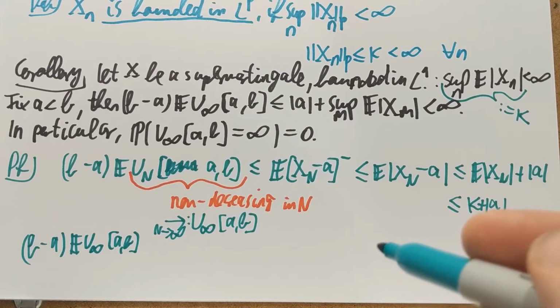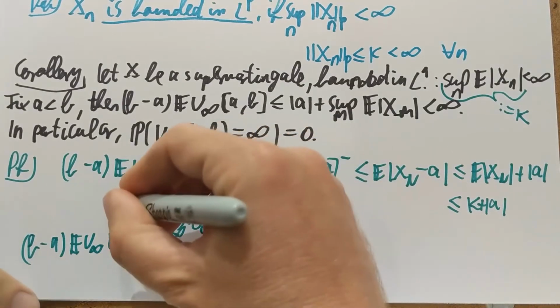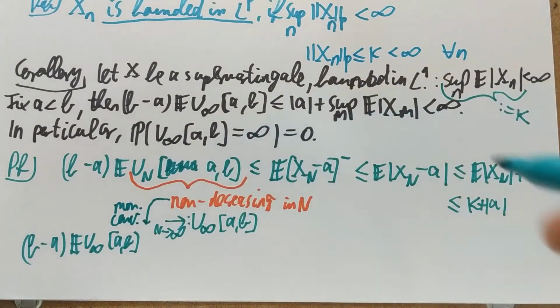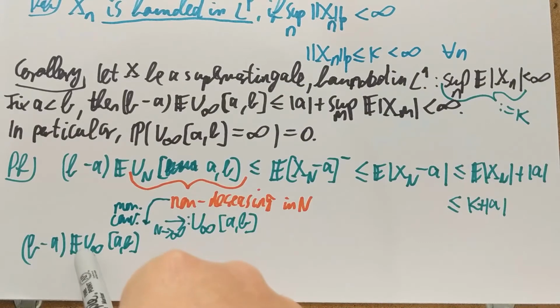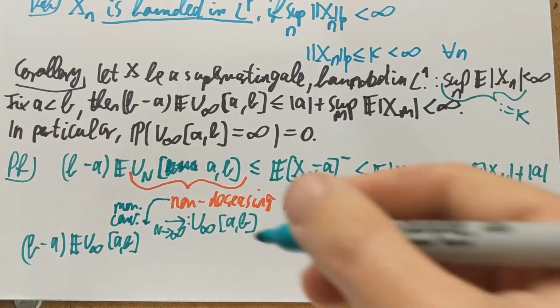And since this is non-decreasing, I can use the monotone convergence theorem to pass the limit of the Un's, which U infinity is, from inside the expectation to outside the expectation.